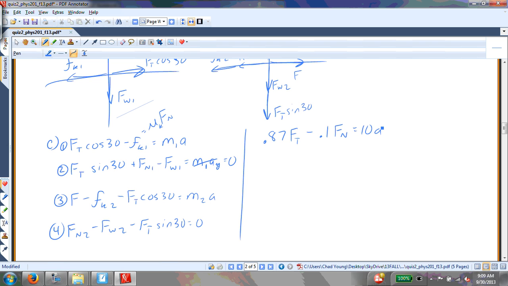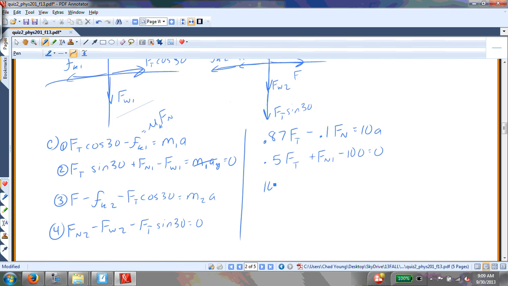And then I have 0.5 Ft plus Fn1 minus 100. That's my weight of block 1 equals 0.